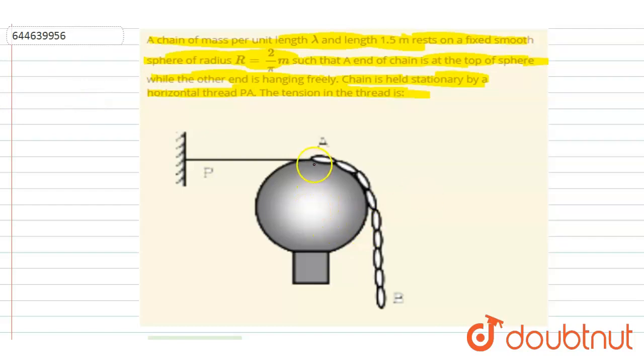So let's say this is the chain and we are dealing with this part. If you cut this chain from here, the tension here, let's say, is T1, and we want the tension here. So let's move from here to here.